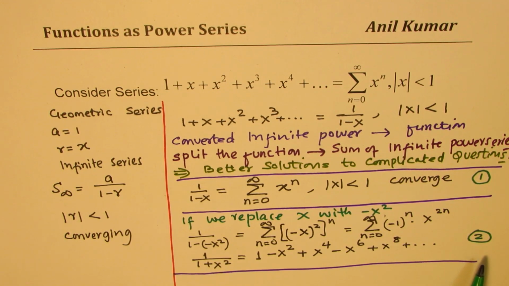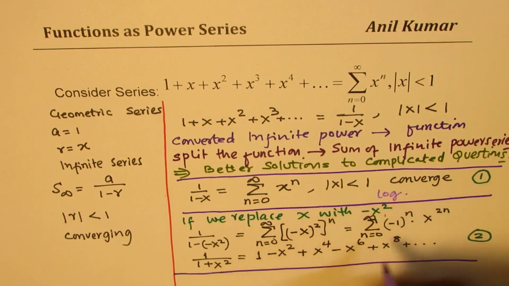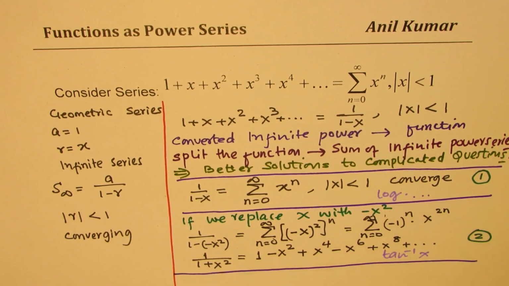Now in the next video, we will see how to get the expansion for the logarithmic function using our first series. And we'll use the second one to get tan inverse x. So these series will give you the log function, and this will give you the tan inverse function. Let's see how, okay? So that is how we are going to work.